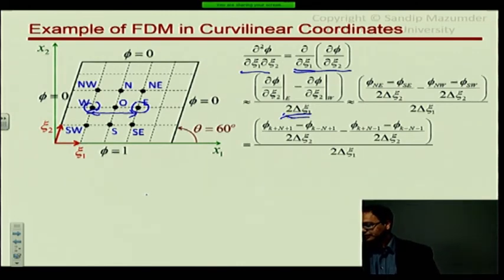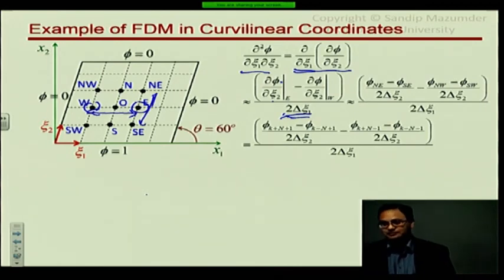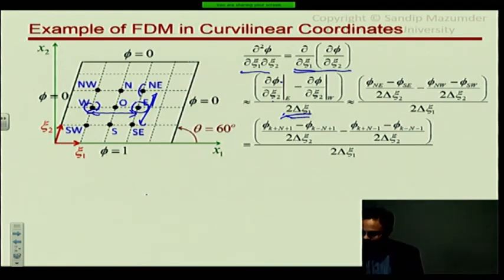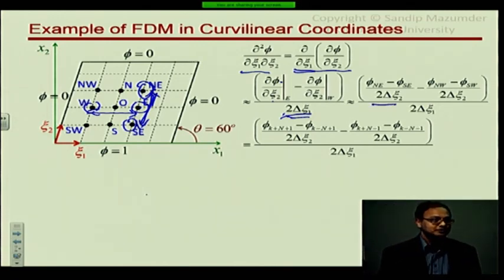Then the question is, now we have d phi d Xi2 at the eastern face, so we are seeking the derivative in that direction on the eastern face. So we take this node minus that node divided by that distance. Again, these are all central difference approximations, as you can see.